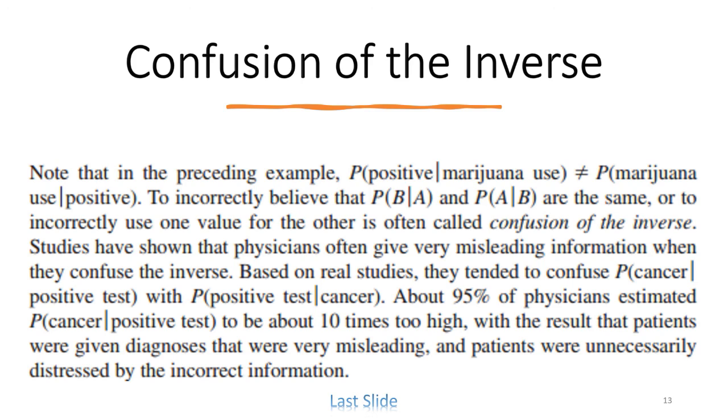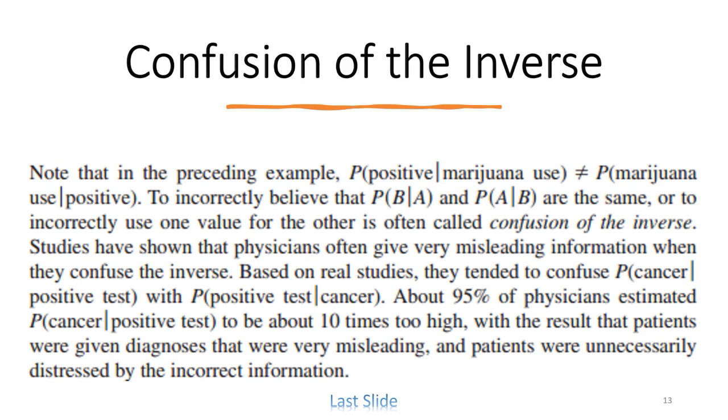It says about 95% of physicians estimated the probability of cancer given a positive test to be about 10 times too high, with the result that patients were given diagnoses that were very misleading and patients were unnecessarily distressed by the incorrect information.